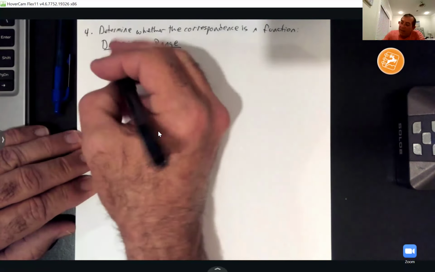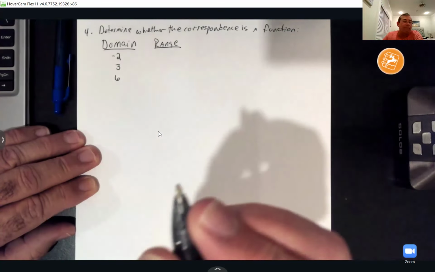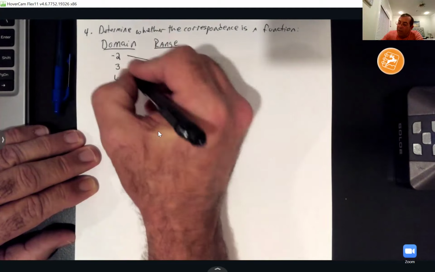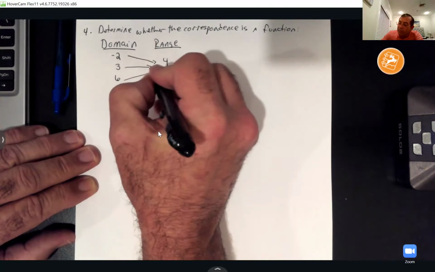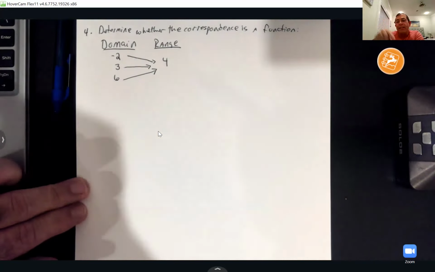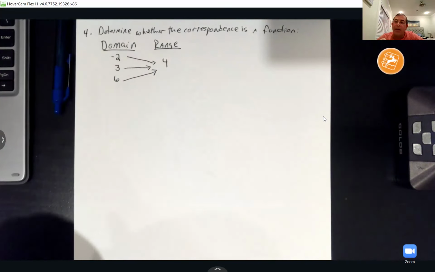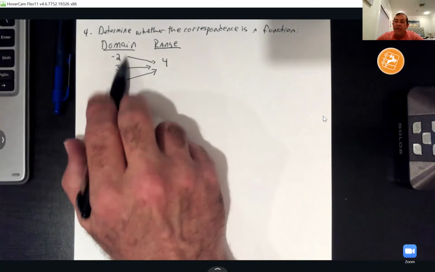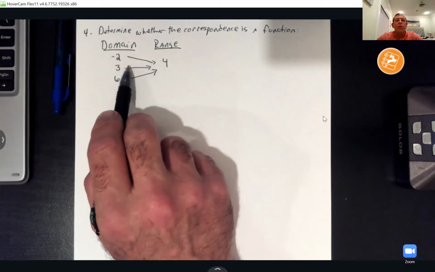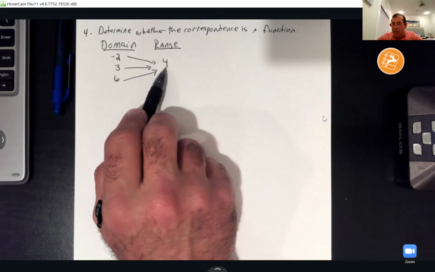So for my domain, they're giving me a -2, 3, and 6. The range is a 4. And all of these are pointing to the 4. So remember, if this is a function, it's going to be a function because every element of this domain, which is my x's, corresponds to exactly one member of the range.